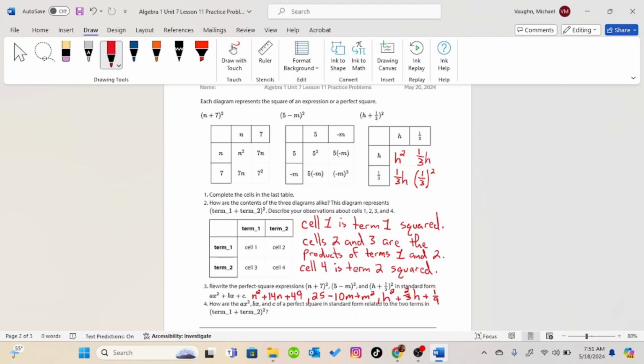And number 4, how are the ax squared, bx, and c of a perfect square in standard form related to the two terms in term 1 plus term 2 squared? Ax squared is term 1 squared.